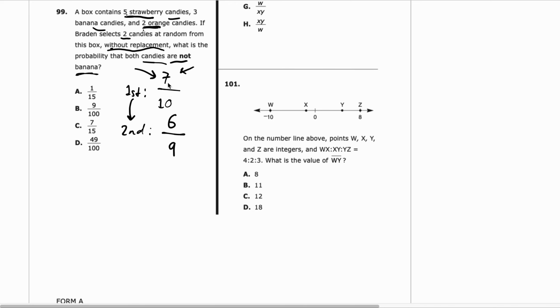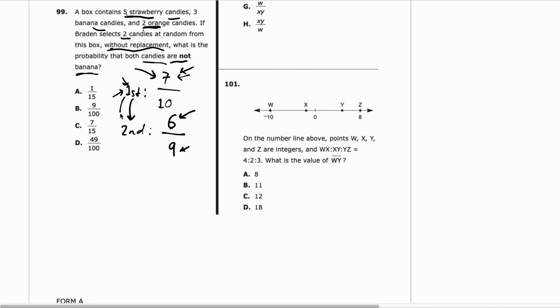If you picked a banana on the first try, there would still be 7 candies that are not bananas, but you have to pick a non-banana on the first try in order for both candies not to be bananas, and therefore there is 1 less candy that is not a banana. So you have a 6 out of 9 probability in the second turn of picking a candy that's not banana.